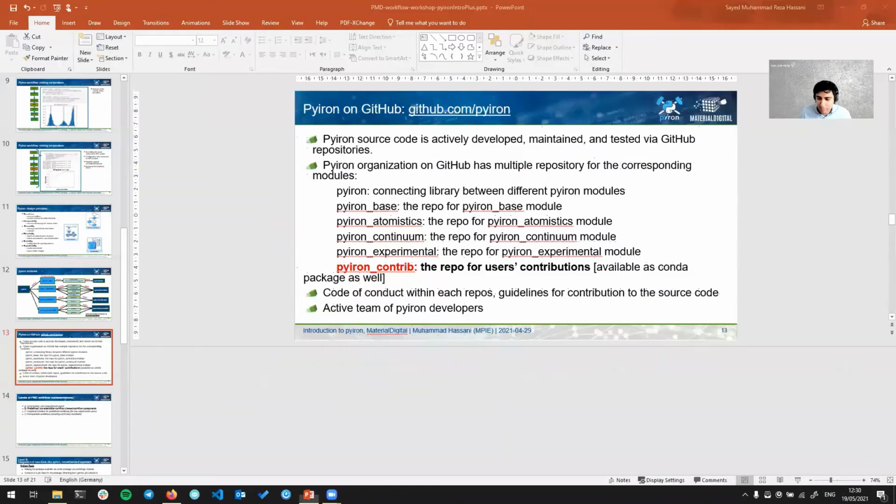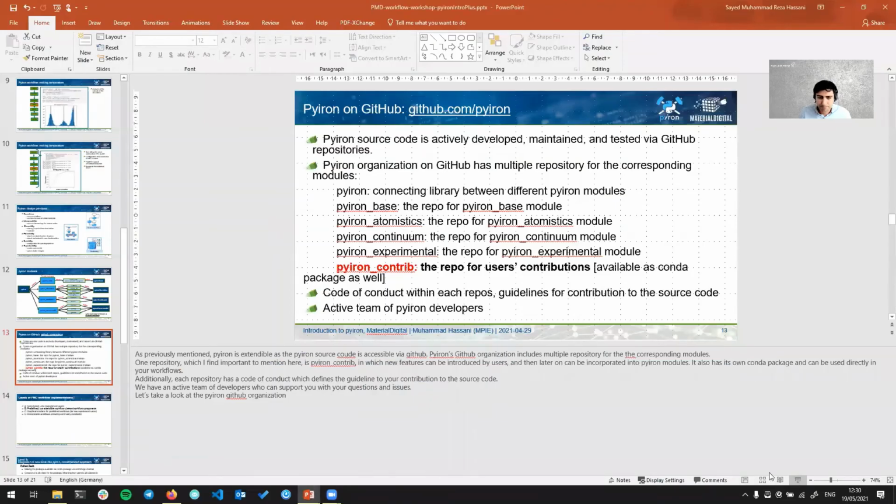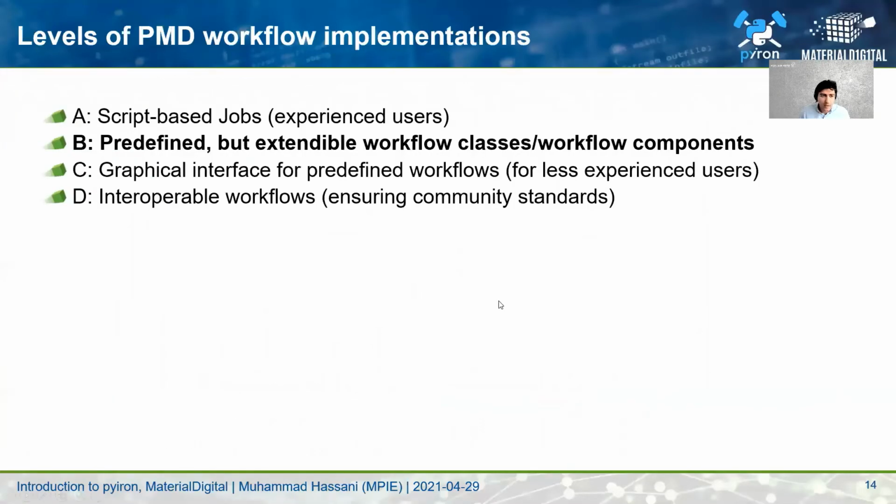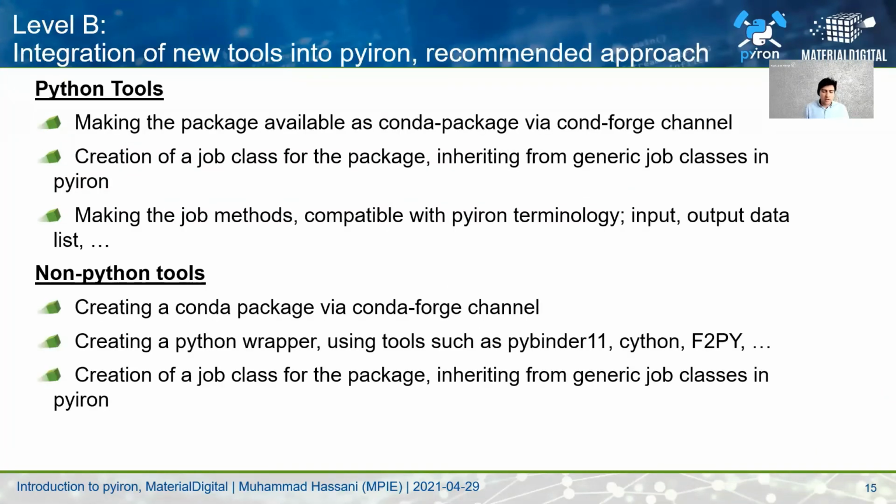Let's go back to the presentation. One of the possible contributions to Pyiron is by integrating your simulation or analysis tools into Pyiron. It is according to level B of the PMD workflows, which was discussed by Tillmann. If your simulation tool or analysis tool is in Python, it's a bit easier.